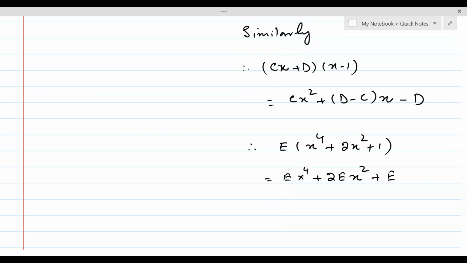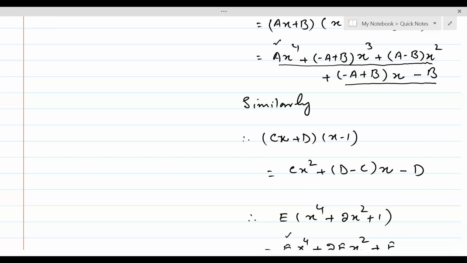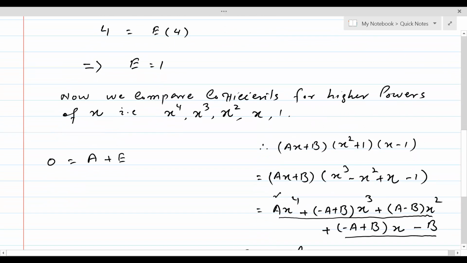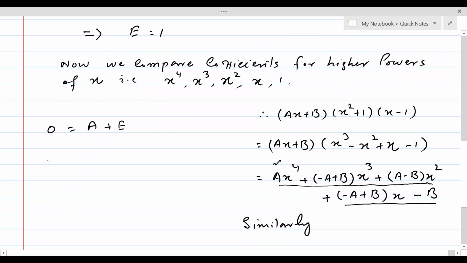There is a coefficient of x⁴ which is e here, and we have a + e equal to 0. But because e is already known, therefore a + 1 equal to 0. This means a is equal to −1. So now we have two values, a and e as well.